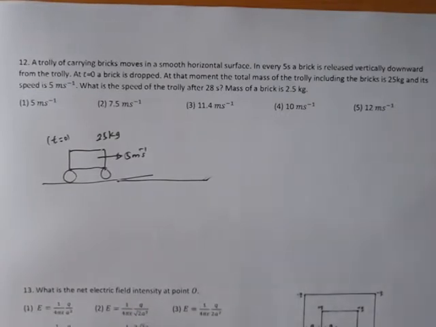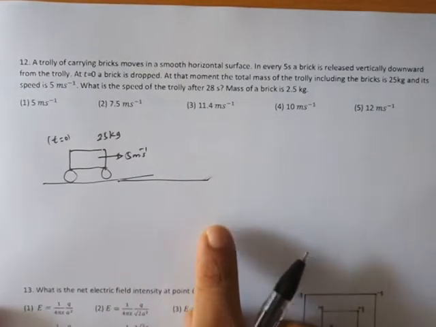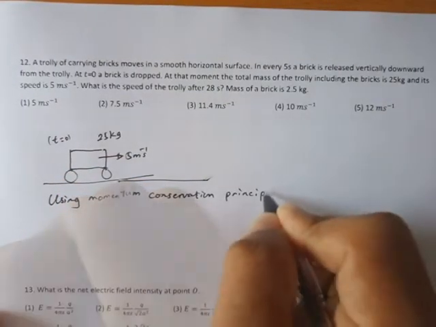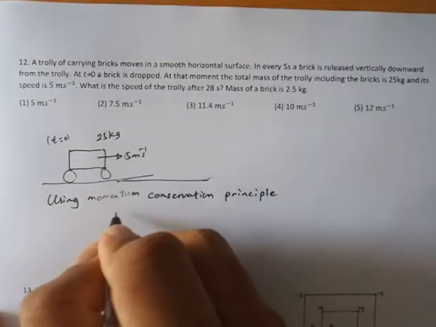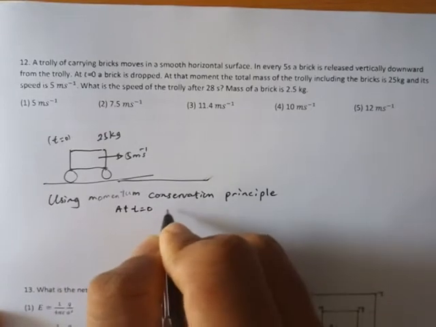So mass decreases, and if momentum is conserved, the speed has to increase. Okay, so how can we find that? We can use the momentum conservation principle in the horizontal direction.